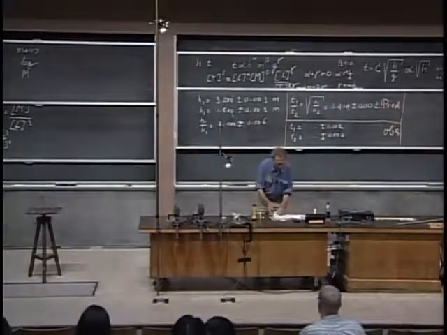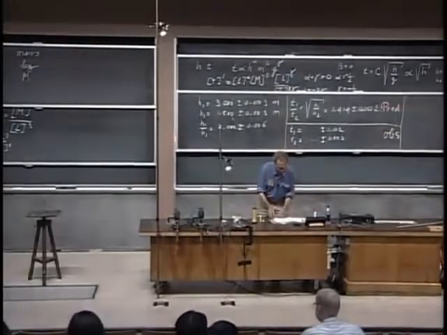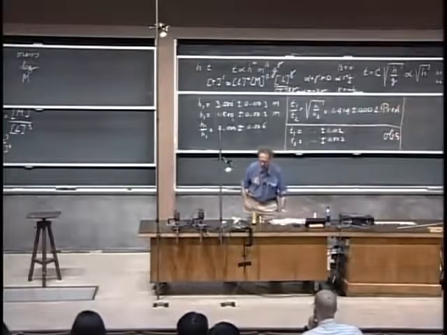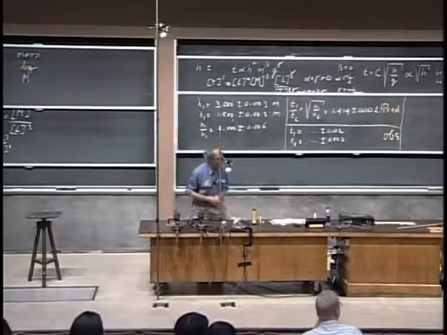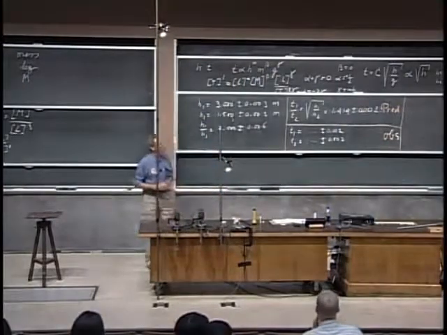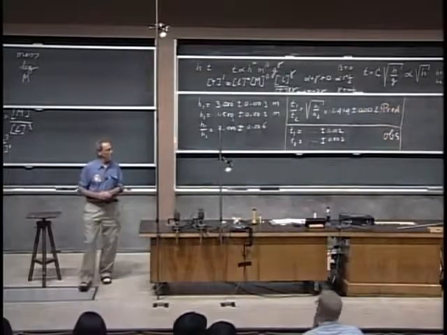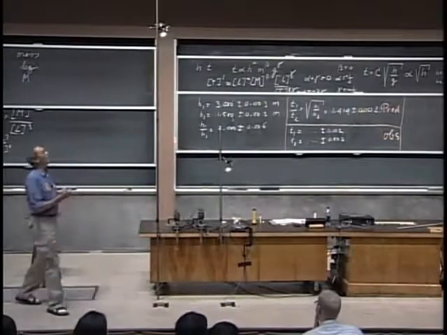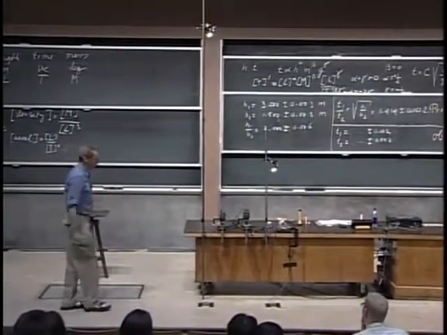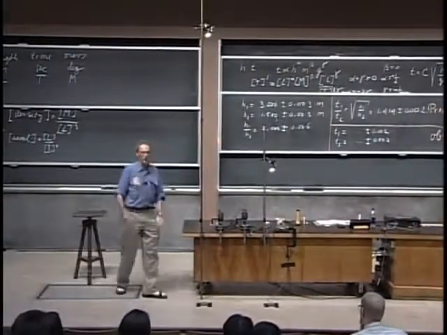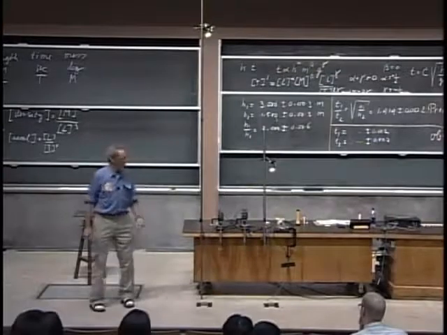We have the setup here. We first do the experiment with the 3 meters. There you see the 3 meters. And the moment that I pull this string, the apple will fall, a contact will open, the clock will start. The moment that it hits the floor, the time will stop.